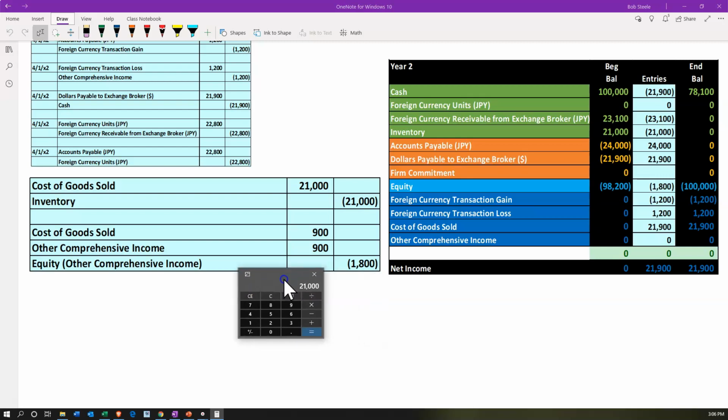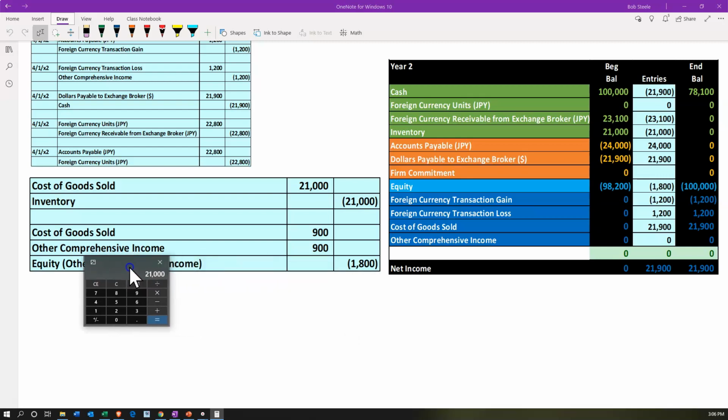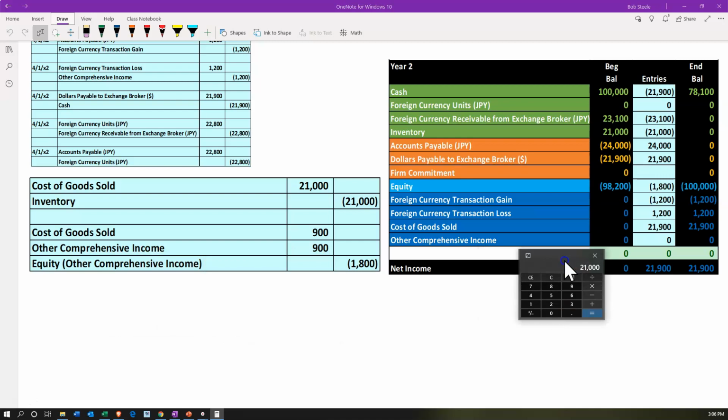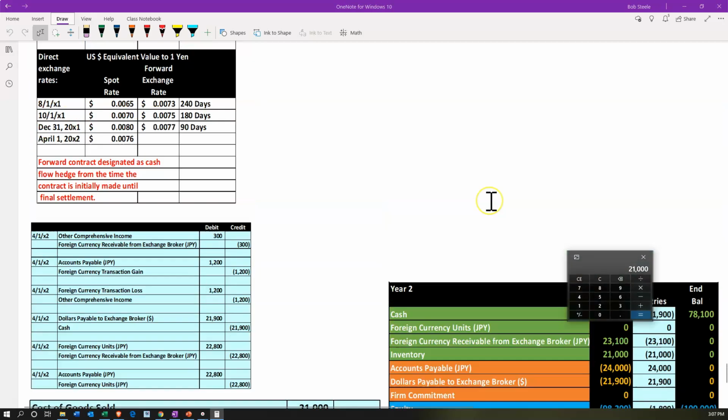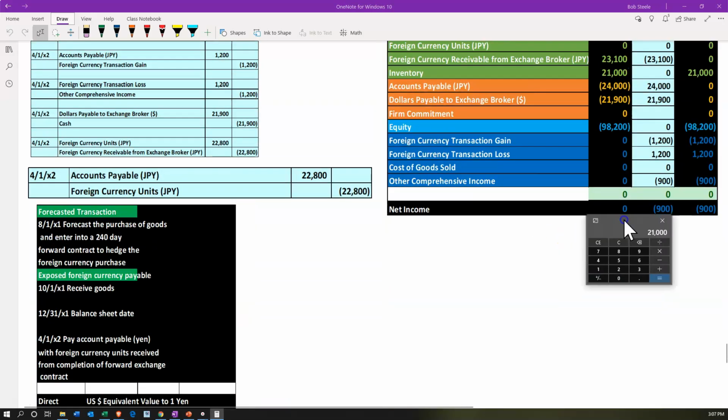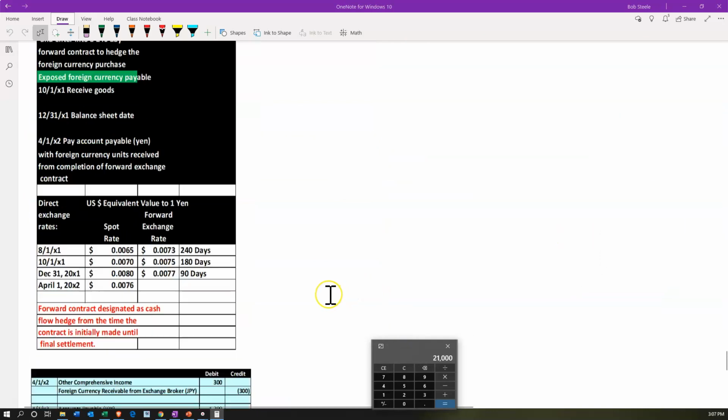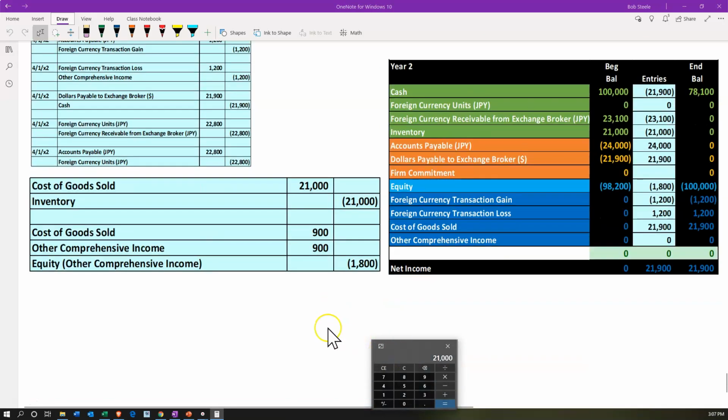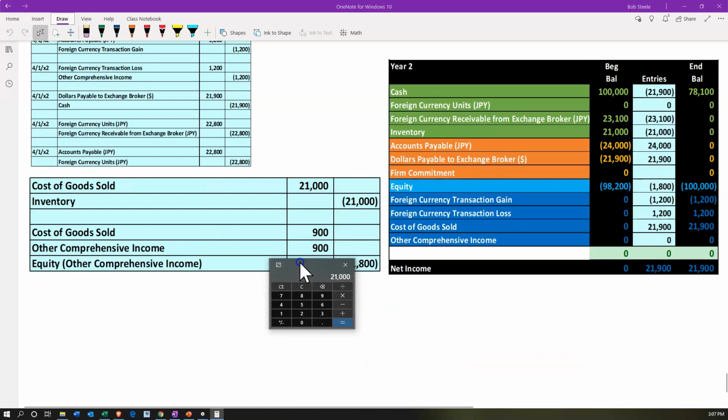So that's going to be the other comprehensive income. You'll note it had the 900 in it before. So we're going to remove basically the 900. It had 900 in it from year one that rolled into, I'm going to say, this equity section as we closed out other comprehensive income in year one.